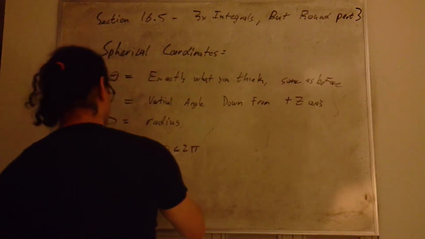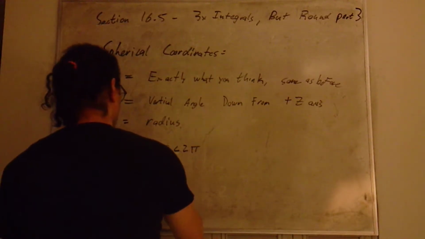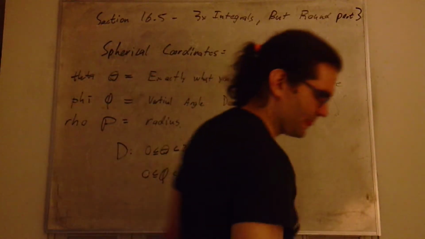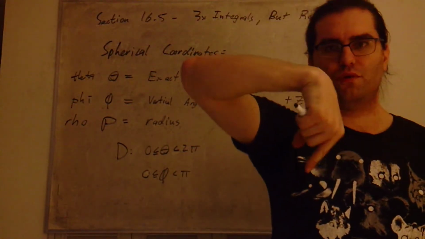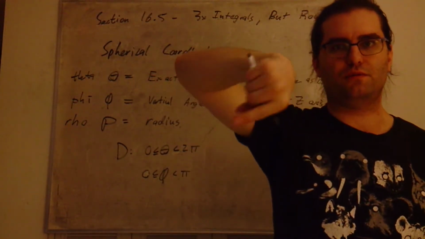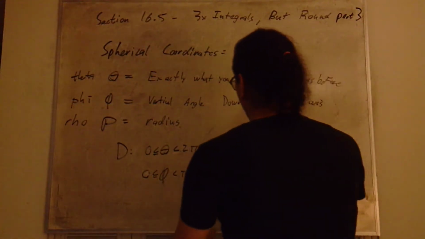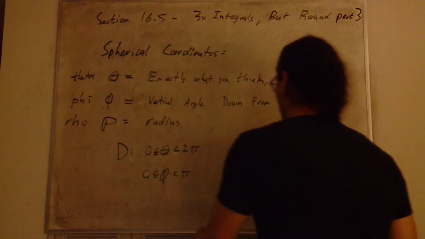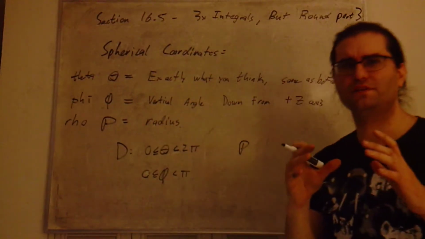And phi, no, that's not how we do it. Phi is going to go from 0 to pi, because we want theta going all the way around, and we only want phi going 180, because theta will take it the rest of the way around. And rho is going to go, how big is a tennis ball?